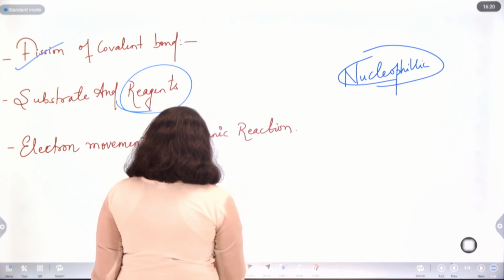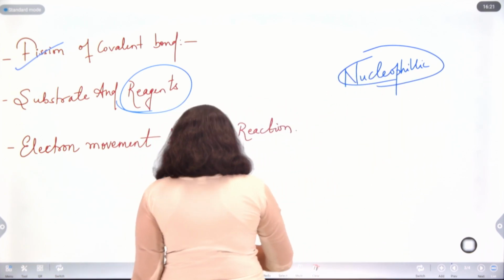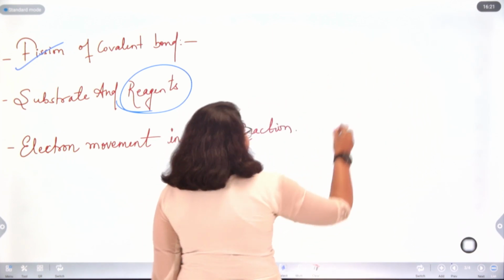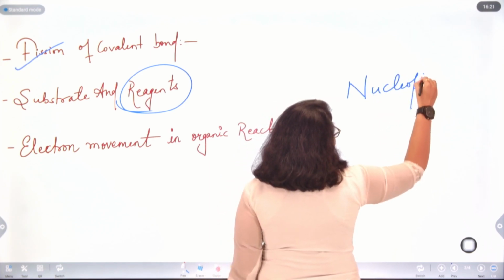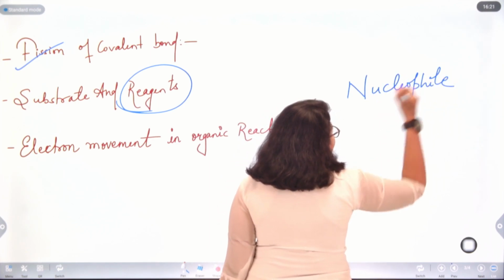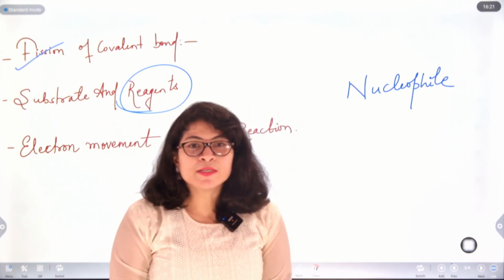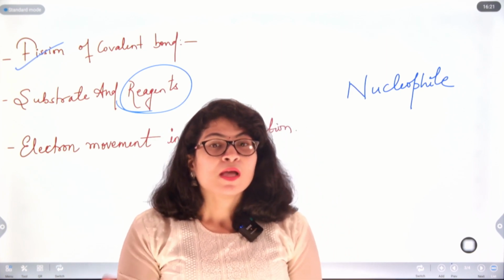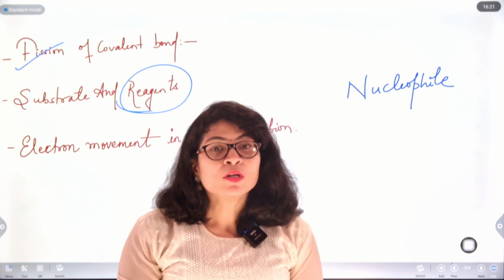First let us understand why the reagent is called the nucleophile. What do you mean by nucleophile? Nucleus loving. What I was saying, if the reagent is negatively charged, it will go on hunting for a positive site, and positive is the nucleus. So it will have a love for nucleus.